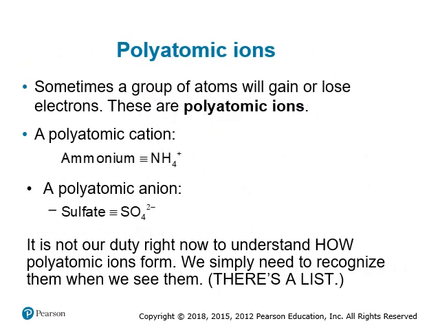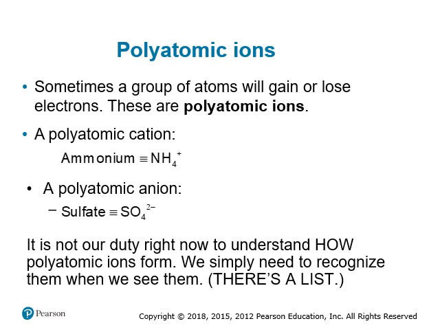Now, I wouldn't have introduced the concept of monatomic ions if there weren't something contrary to that. Sometimes, rather than a single atom gaining or losing electrons, we find a group of atoms, a cluster of atoms that will gain or lose electrons. These are called polyatomic ions. An example of a polyatomic cation is the ammonium cation. It has the formula of NH4+.